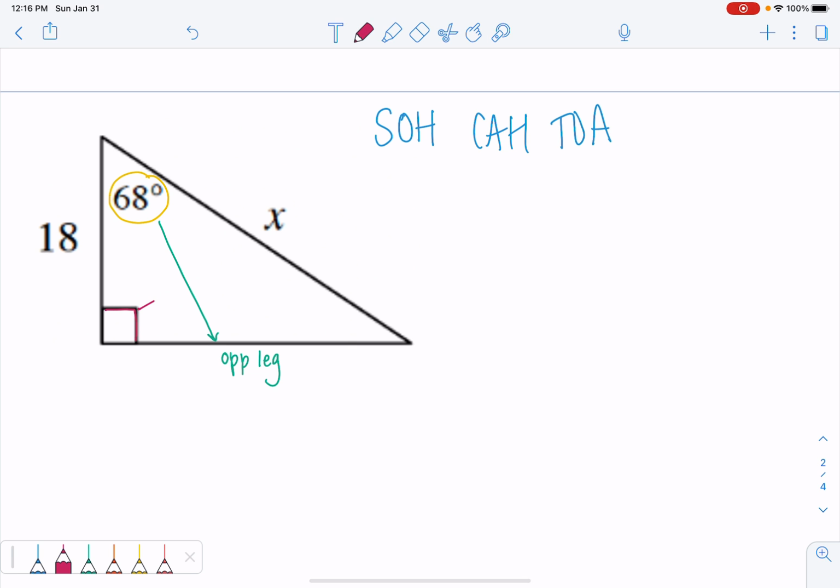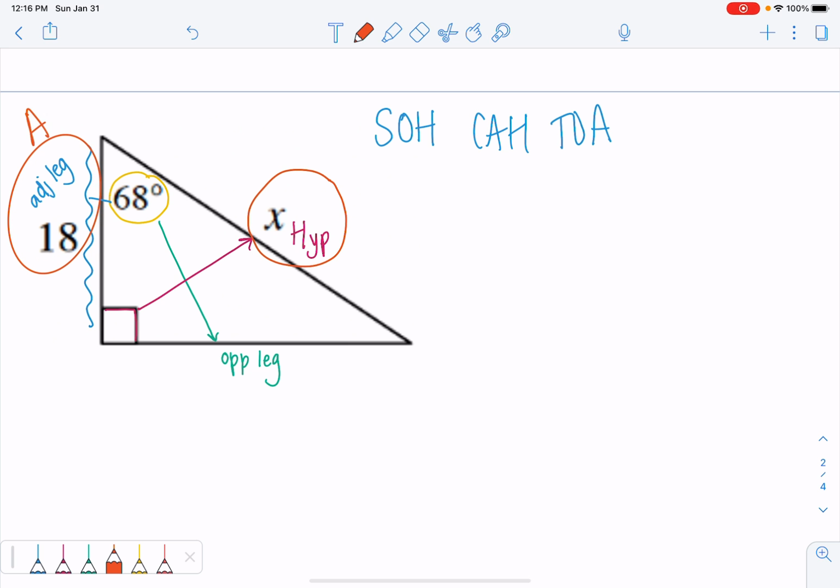Right angle, across from the right angle is our hypotenuse. The last leg next to the angle is our adjacent leg. So in this example, we know the adjacent leg and we want the hypotenuse. So we have A and H.